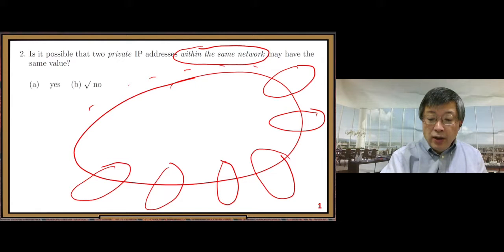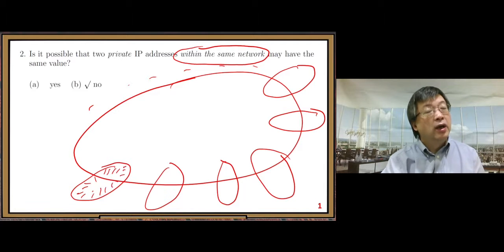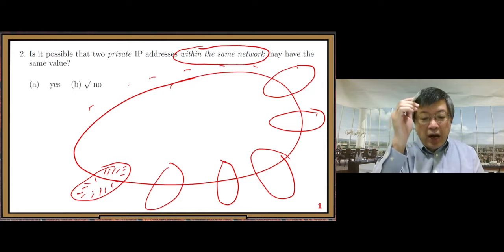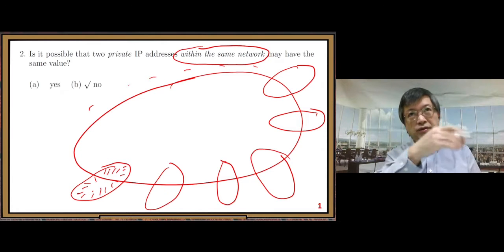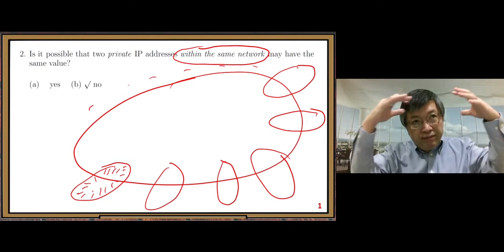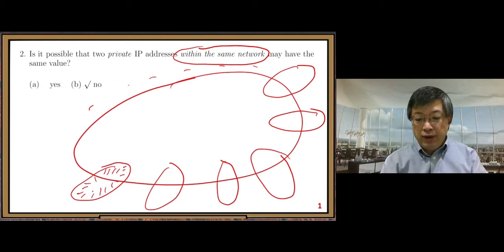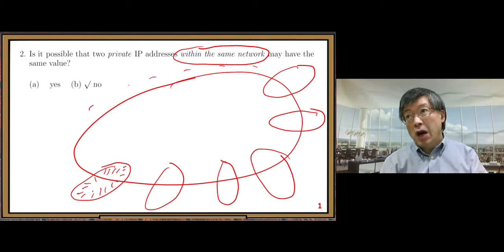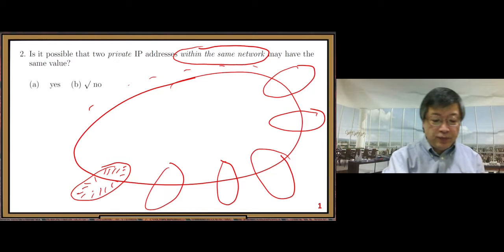Inside each local network, private IP addresses are used for different machines. Those private addresses inside that local network cannot have the same value, right? If they have the same values, how do you identify different machines? So think about that, okay?